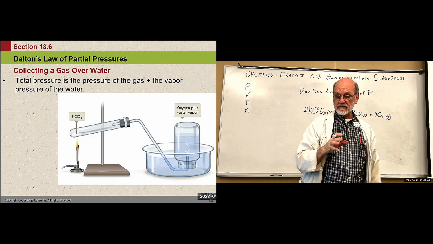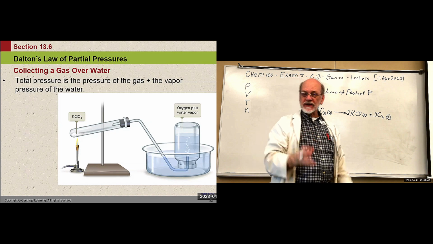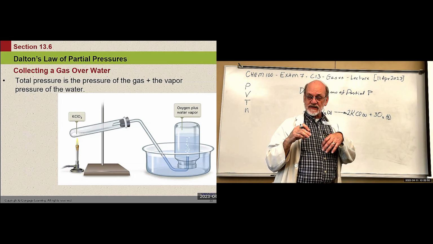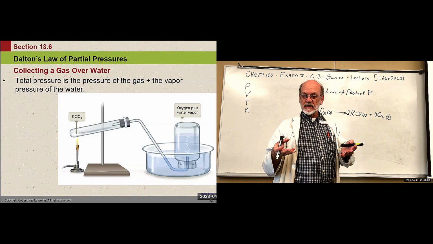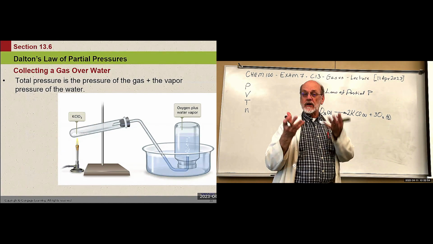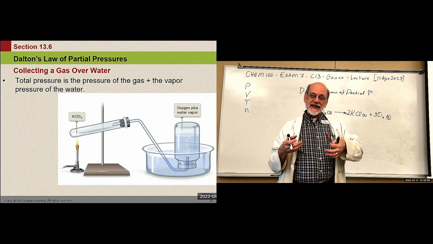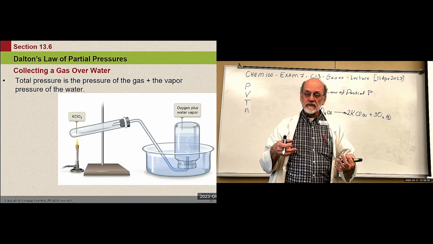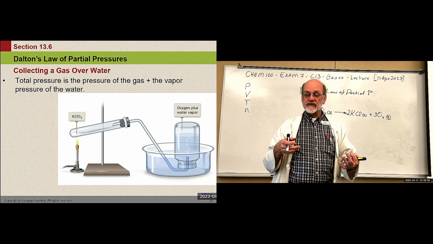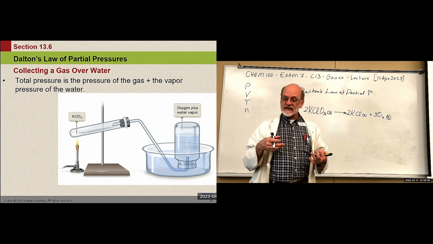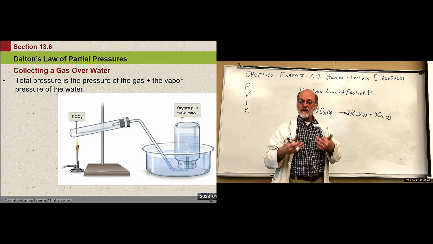over water, right? That jar was completely filled with water and inverted, and the gas, as it's being delivered, is displacing the water. What's it also doing? As the gas bubbles through water, what does it do? It picks up water vapor, right? So the gas that's collected over the water is not pure oxygen.